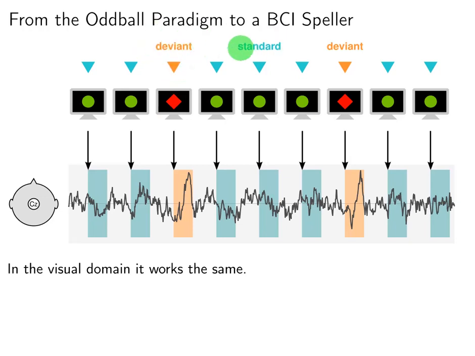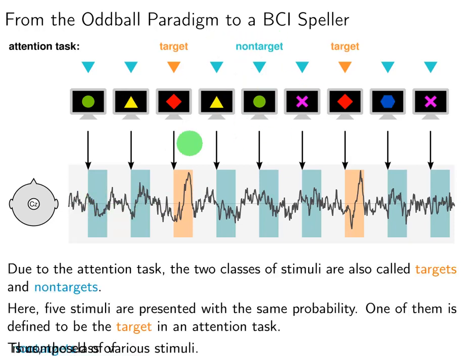That deviates from the standard. So we are interested in detecting this deviant. And sometimes this deviant is called target stimuli, while standard is called non-target stimuli. In other words, we can relate these target and non-target to the attention that the user is paying.